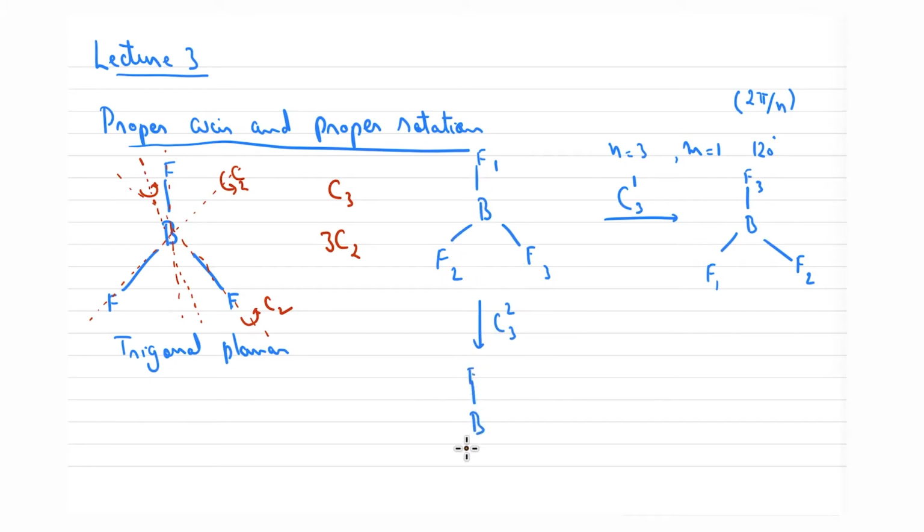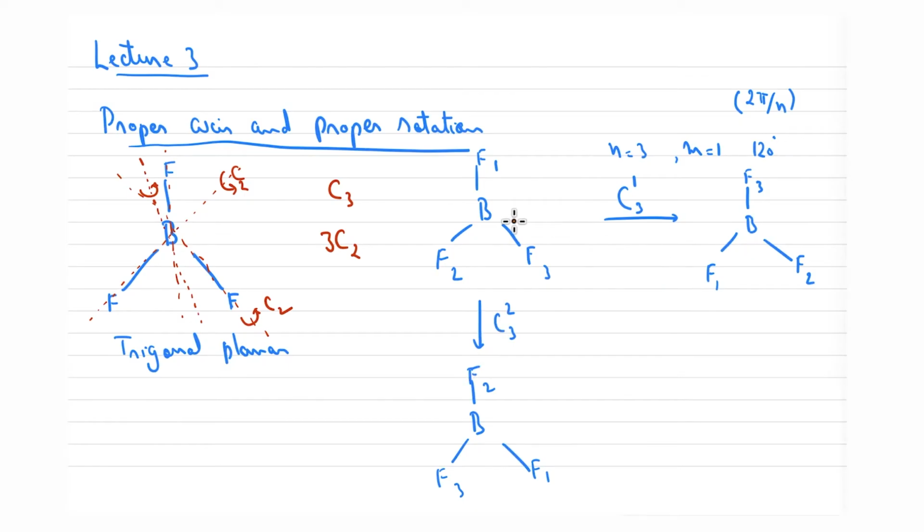B, F, F, F. So again, this rotation will be anti-clockwise, but now 1 actually moves all the way here, 3 moves all the way here and 2 moves all the way there, right? So we have 240 degree rotation. So 1 comes over here, 3 over here, 2 over here, right? This is C3 done twice.